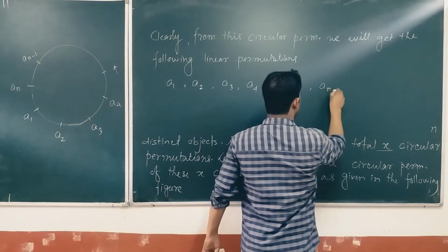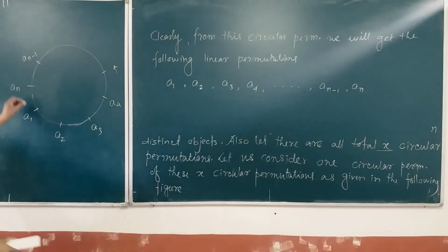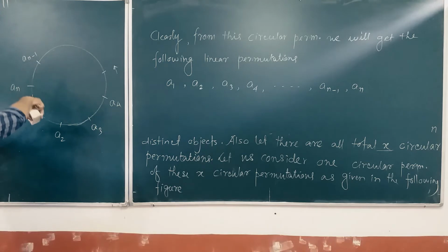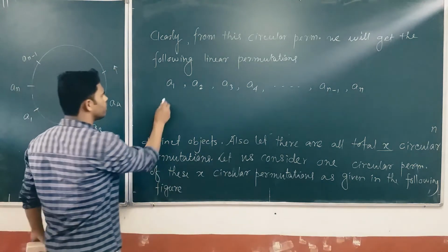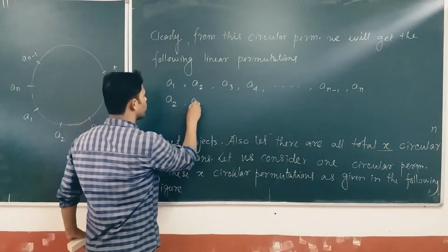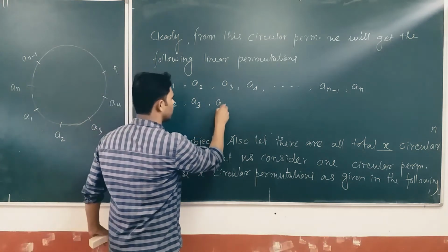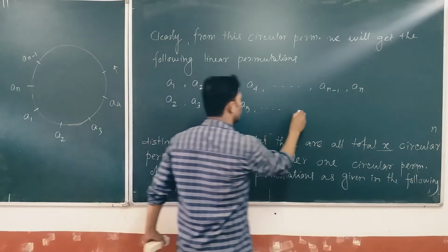It will be AN-1 and AN. If you break down this total string here, it will begin from A2, then A3, then A4, then A5 and so on.